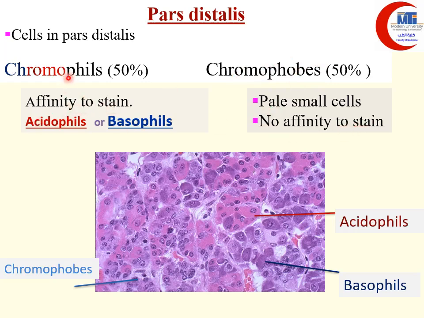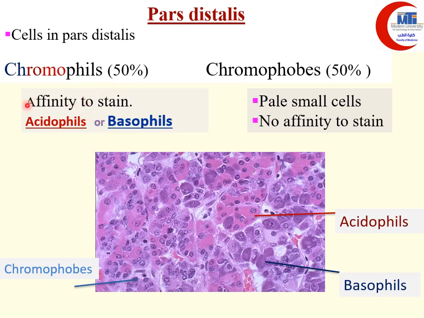If the granules that store hormone inside these cells are stained by acidic stain, it's called acidophils. And if these granules are stained by basic stain, it's called basophils. So the chromophils are divided according to the granules inside.